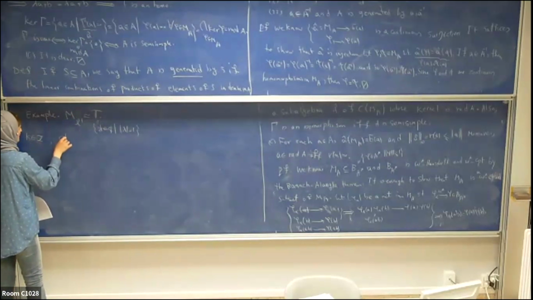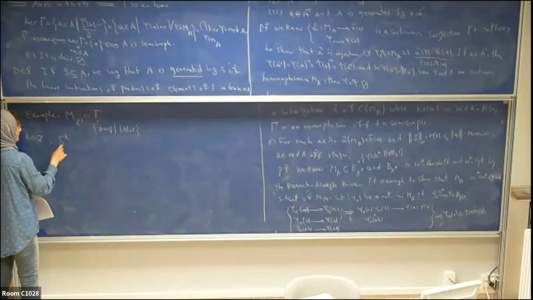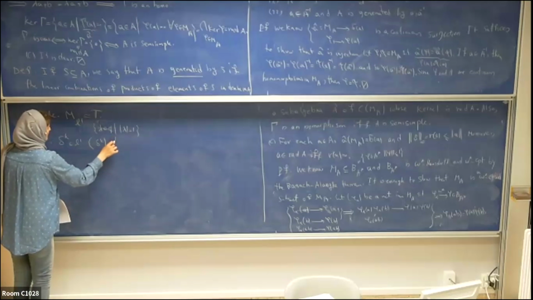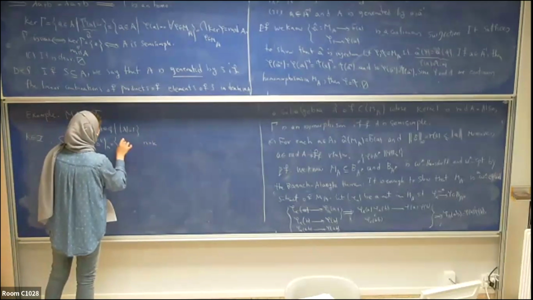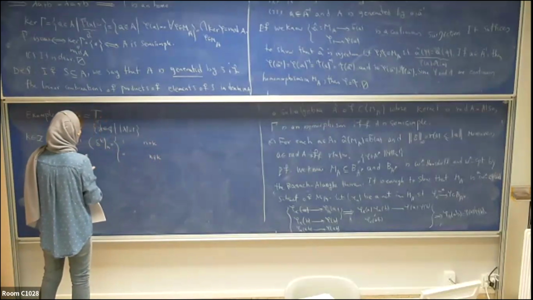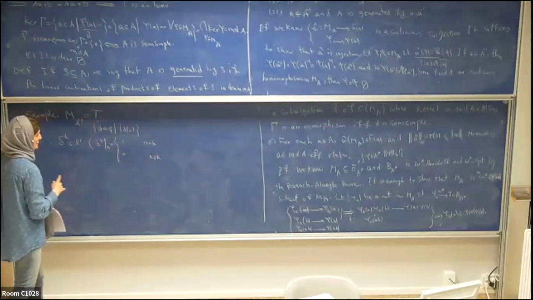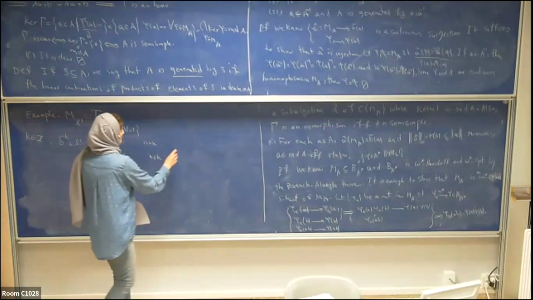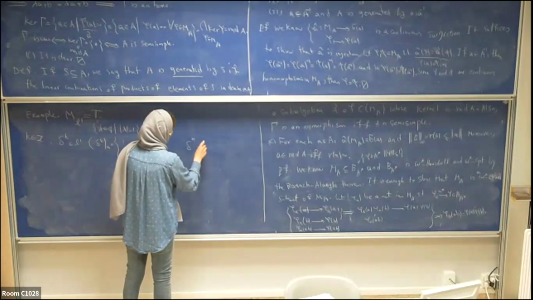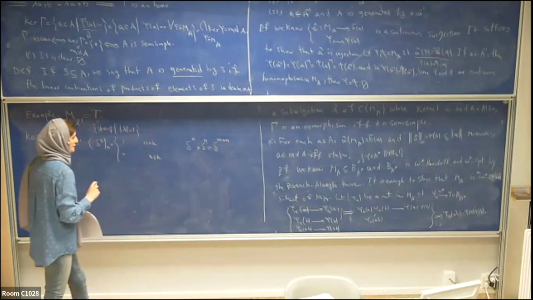For this purpose, I introduce this function here. Delta k means the element in L1 such that the n-th entry is 1 if n is k and otherwise is 0. It's easy to see that the convolution delta m star delta n is exactly delta m plus n.